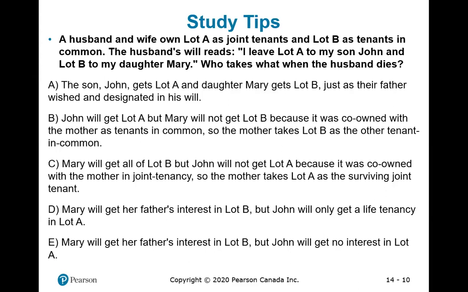Let's do it together. So husband and wife, they own lot A as joint tenants. When the husband passes away, who will own lot A? The wife. Anyone else? No, only the wife. And lot B, they own lot B as tenants in common. When the husband passes away, who will own lot B?